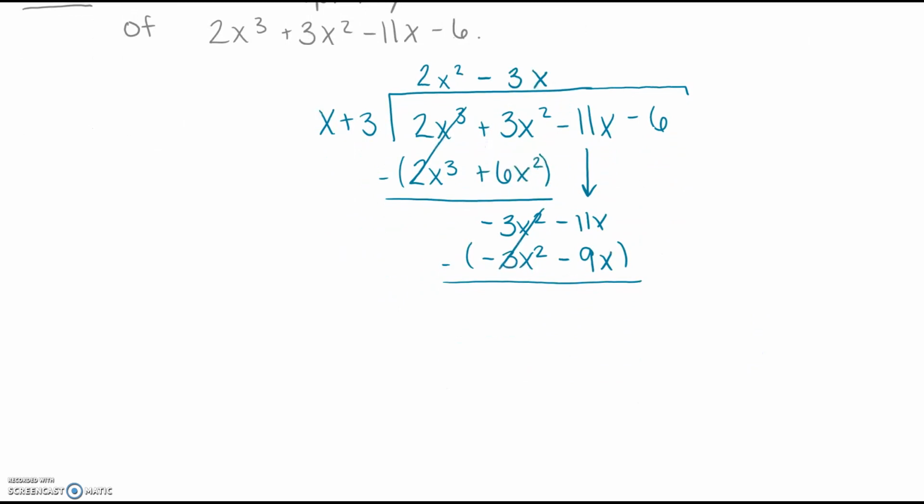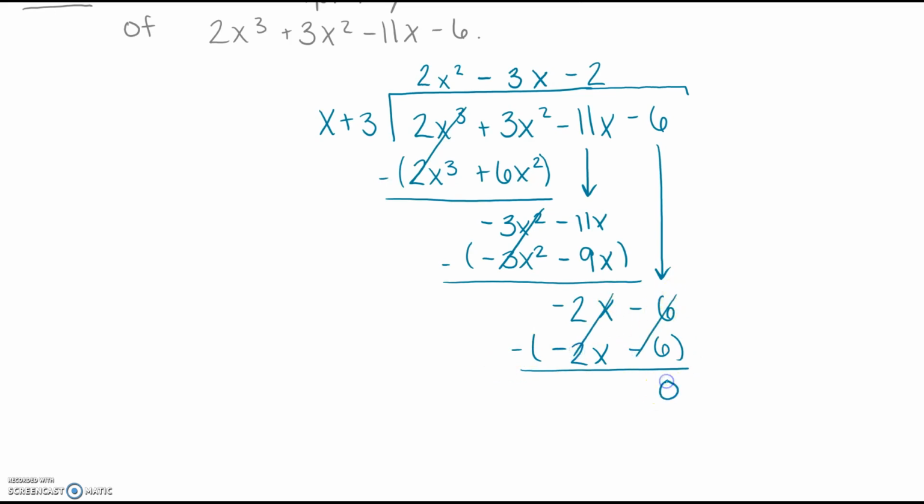Negative 11x minus negative 9x will give us negative 2x. Bring down that negative 6. So what times x will give us negative 2x? Negative 2. And then negative 2 times 3 is negative 6. So then when we subtract these, everything cancels, and we're left with a remainder of 0.